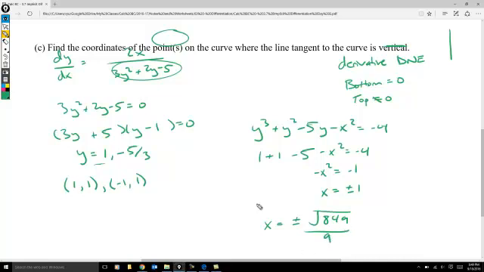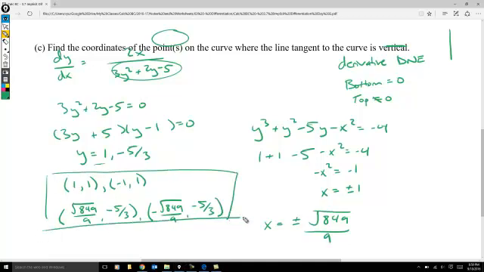And so similar situation, I got to plug these in. So I got (square root of 849 over 9, -5/3) and (negative square root of 849 over 9, -5/3). Right, so I ended up with 4 points where I have a vertical tangent.